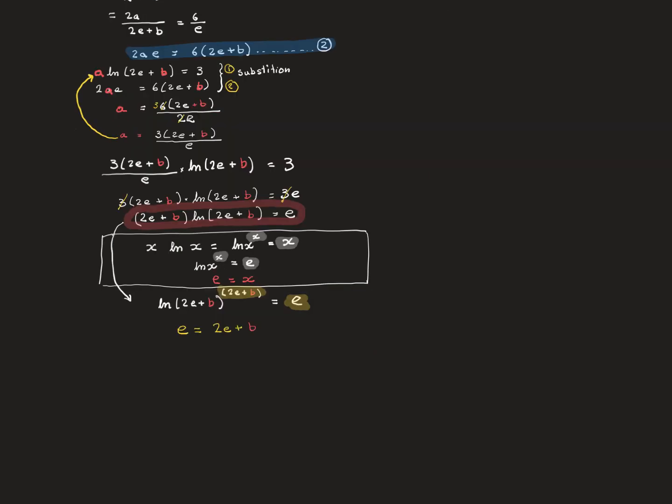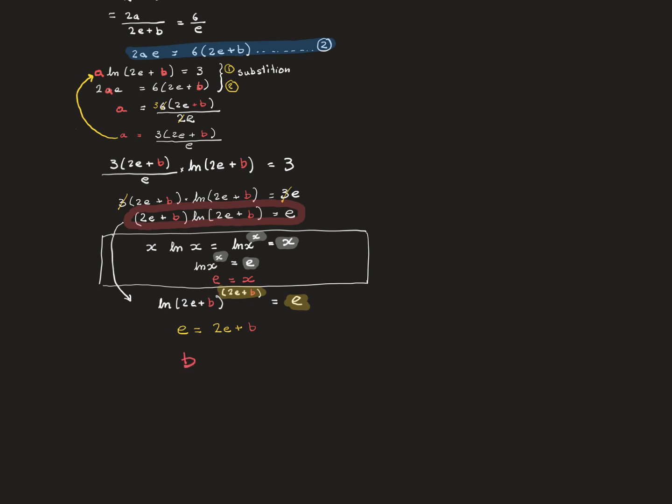So let's have a look where we are. We substituted a here into our first equation, worked it all out, and we found that e is equal to 2e plus b. Now I still have the b in red because remember what I want to do is find a and b. That's really useful because I can now rearrange this for b.